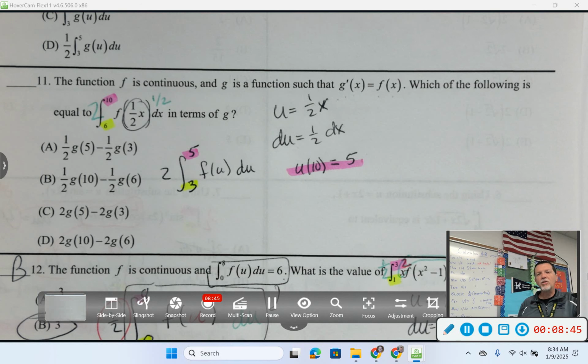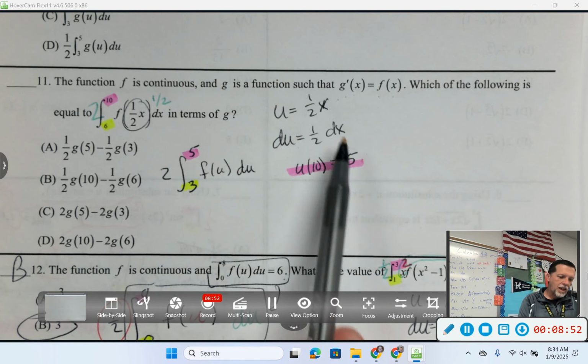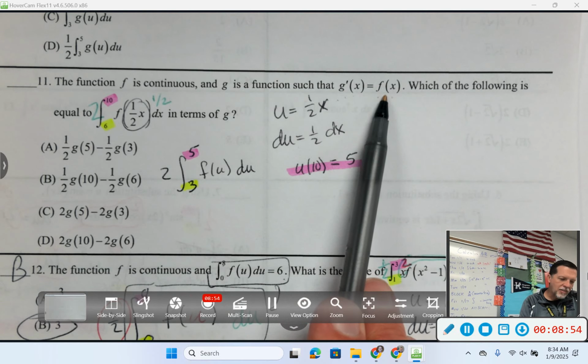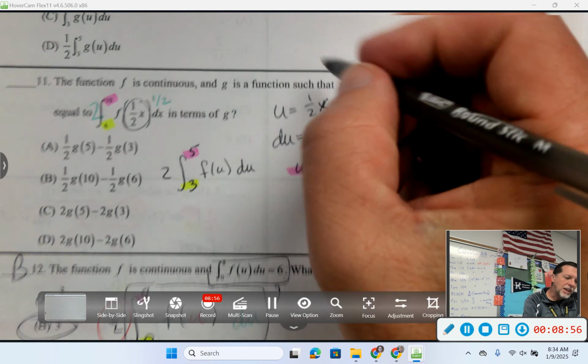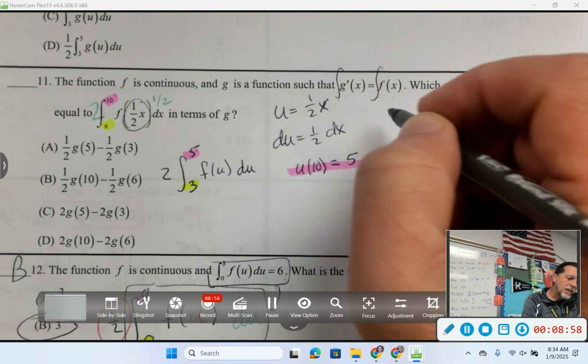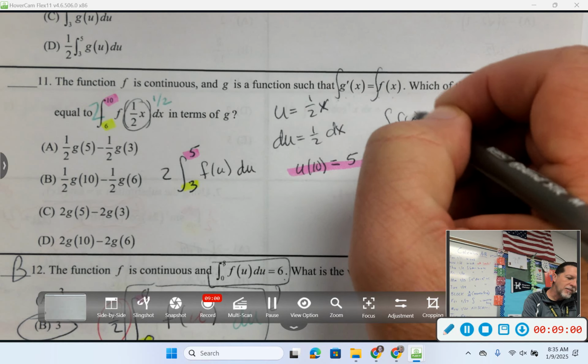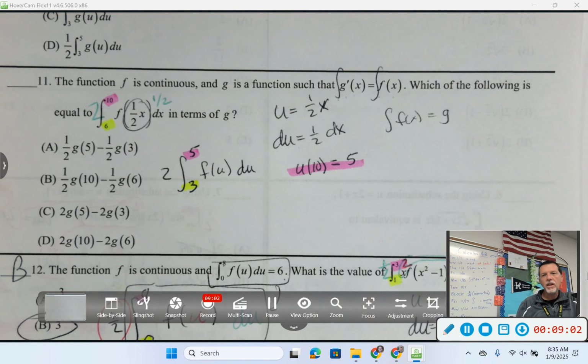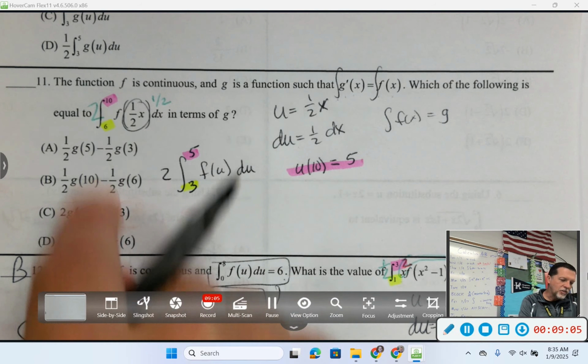Okay, so I got everything switched over from x stuff to u stuff. And if g prime is f, that would mean, like if I integrated both sides, that the antiderivative of f is g. And so that's why all my answers are g of something.